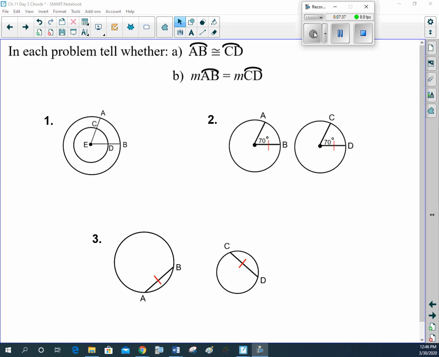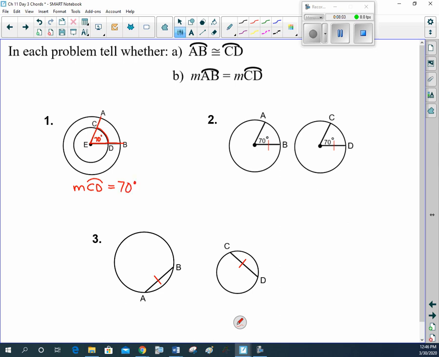So this is a central angle right here, from A to B, this central angle. Just for sake of giving it a measurement, I'm going to say this is 70 degrees. All right, if I wanted to find the measure of arc CD, remember that's the same thing as its central angle measure, so that's going to be 70 degrees.